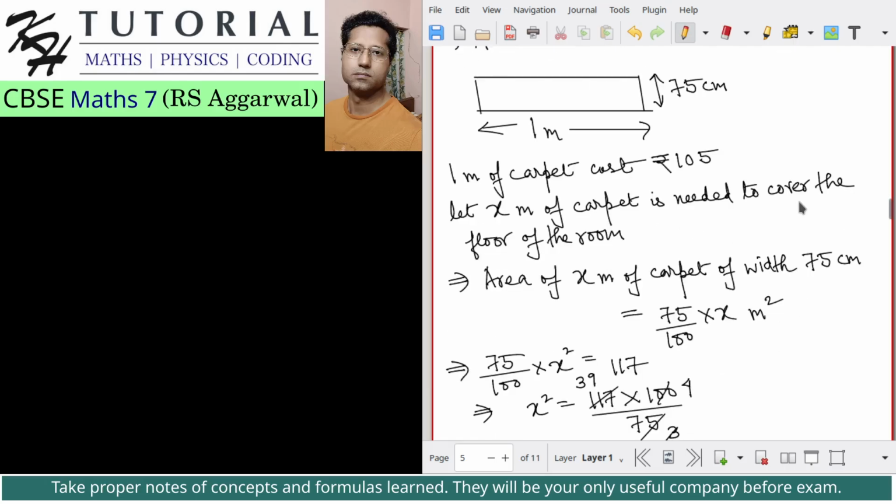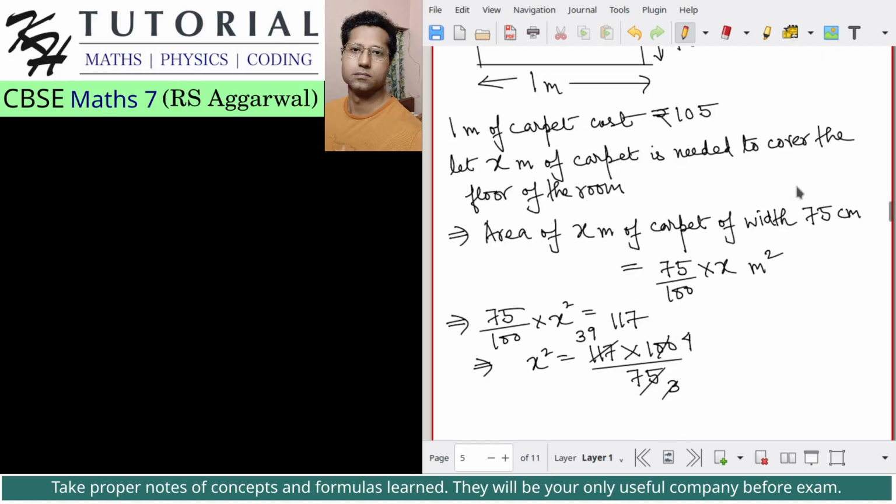So the area of the carpet will be 75 by 100 multiplied by x. This much meter square is the area of the carpet. This is not x square, but this is x, sorry.